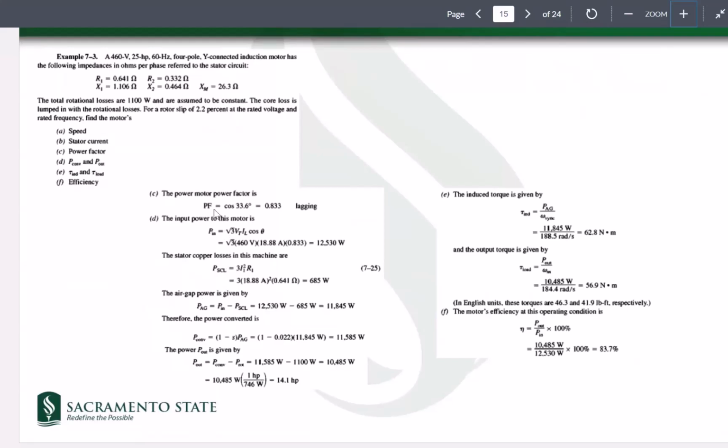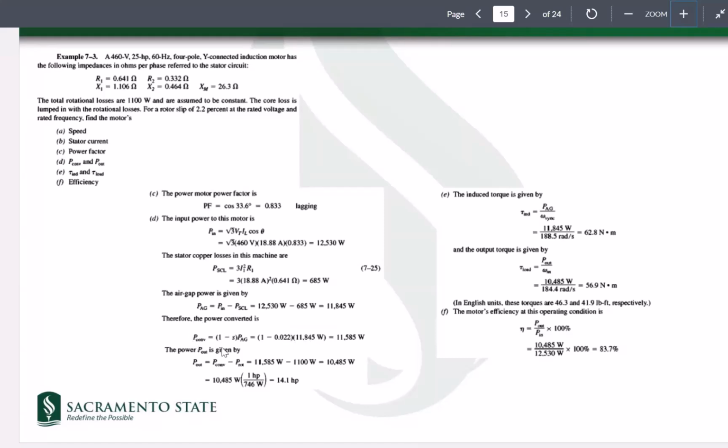Since the core losses were lumped with the rotational losses, the input power minus the stator copper losses becomes the air gap power. So we're neglecting the core losses here because we don't have any information on that.